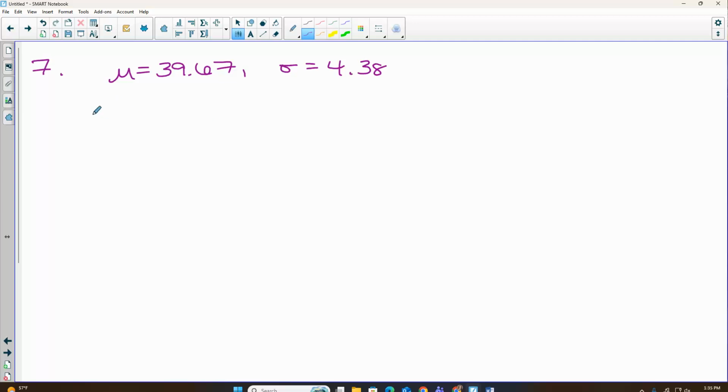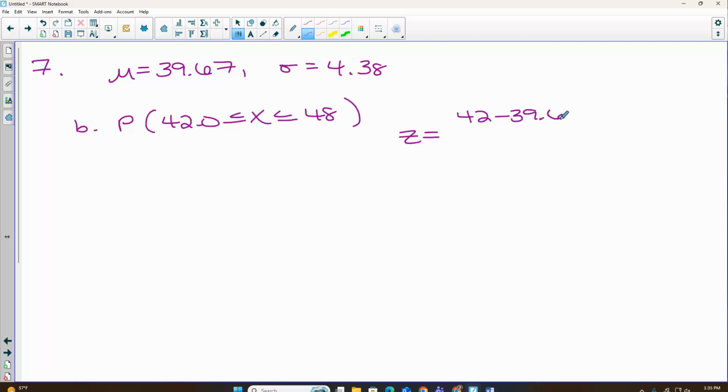So we're looking at B, the probability of being between 42 and 48. So first we have to get both of them to be z's. We know it's normal, so it's just our value minus the mean divided by standard deviation.